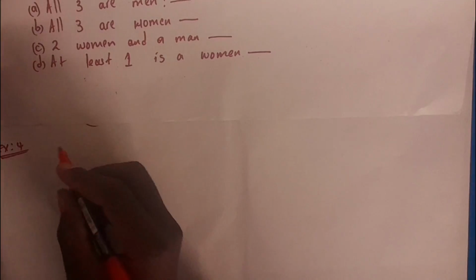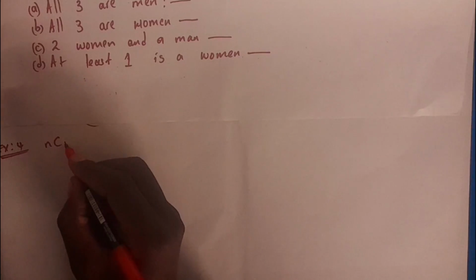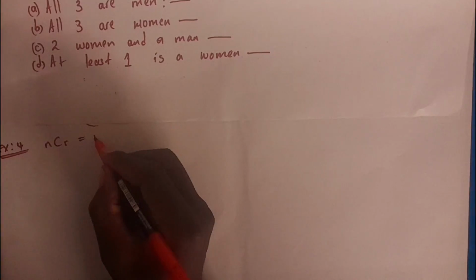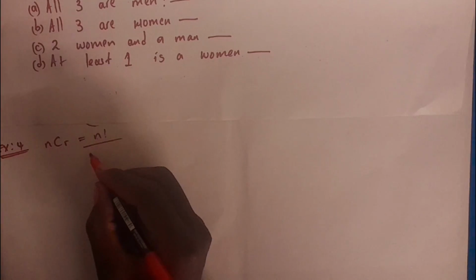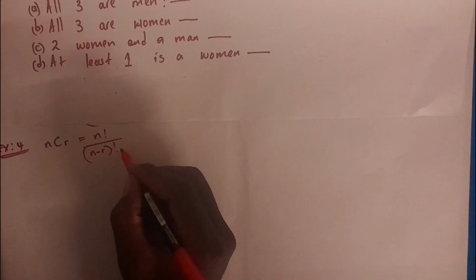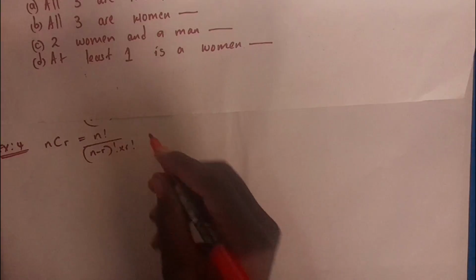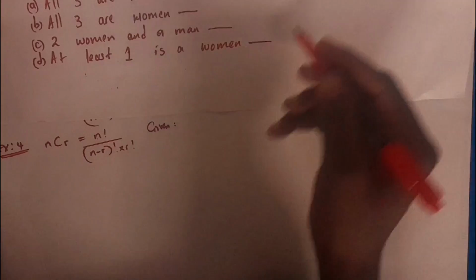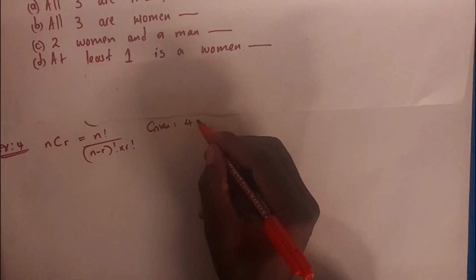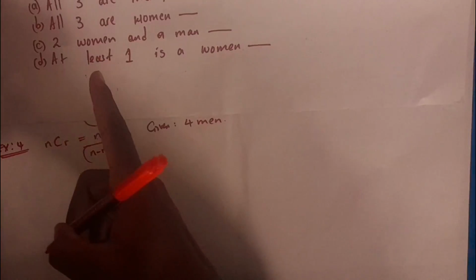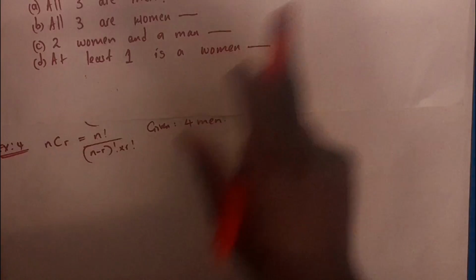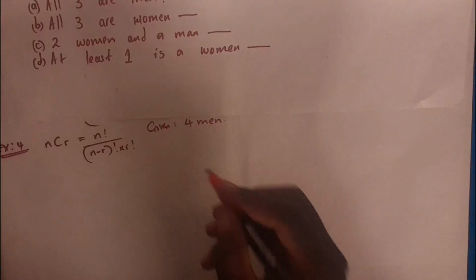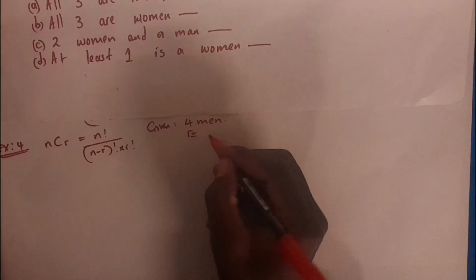So here on A we are going to use the combination formula. Our combination formula says n choose r is equal to n factorial over n minus r factorial multiplied by r factorial. From the given data, how many men are we having? We are having 4 men. And we need 3 members, so our r is equal to 3.